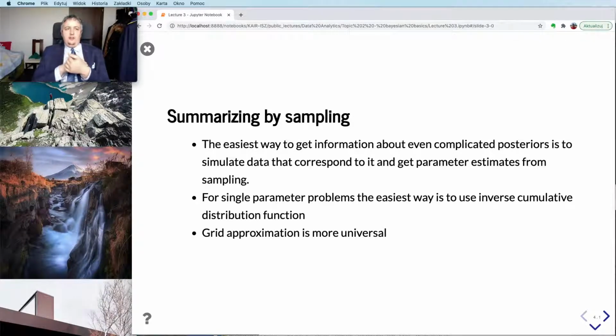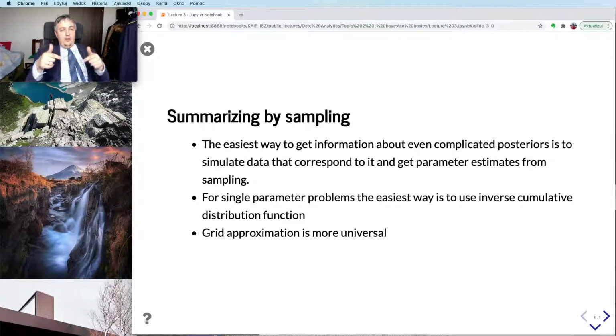That is the function that, for each value of the parameter, assigns a value between 0 and 1 corresponding to the probability of the random variable taking that value or less. And the inverse is a mapping from 0 and 1 to the entire range of parameters.